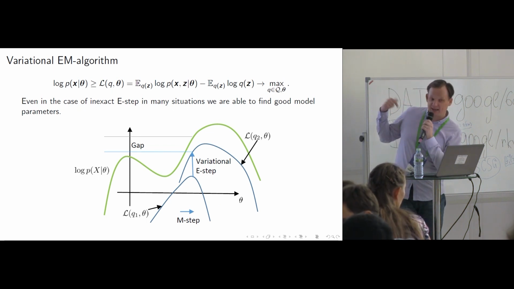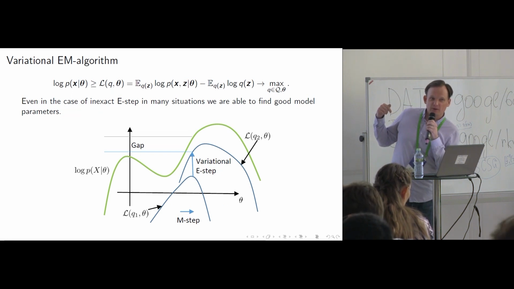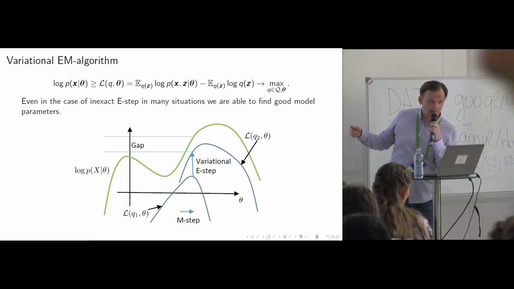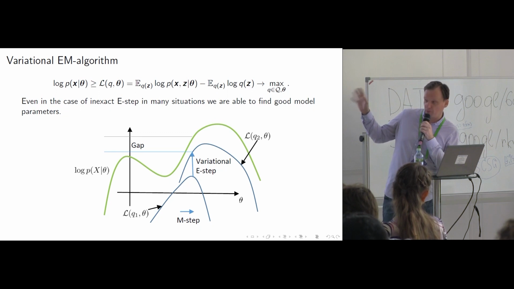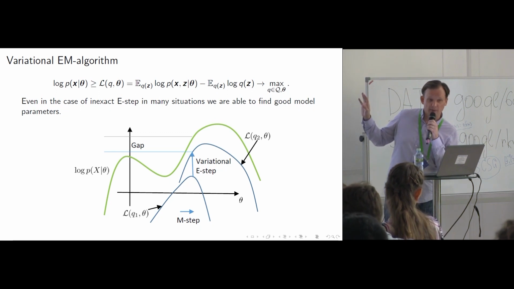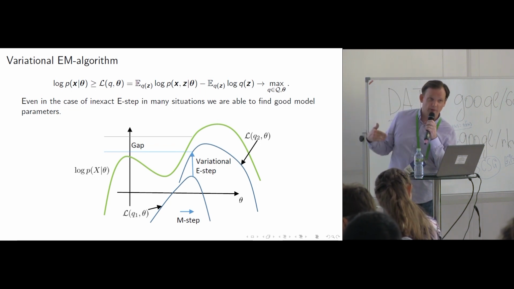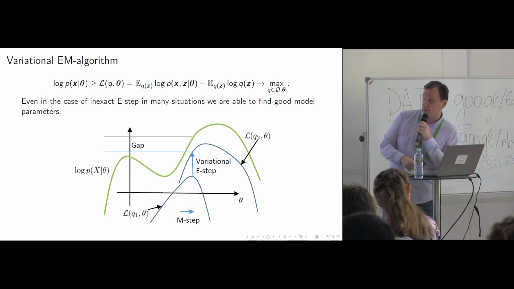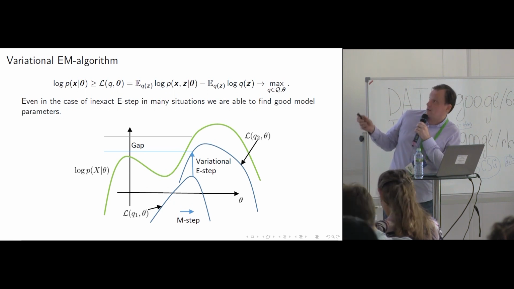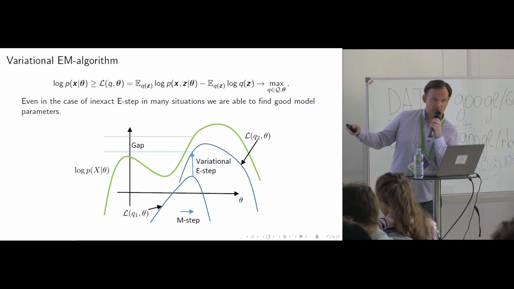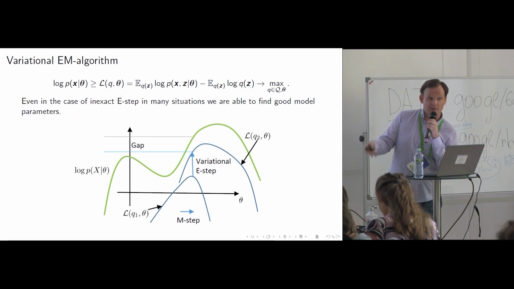I said that if we consider some sampling scheme for approximate Bayesian inference, this scheme usually takes much longer compared to variational inference, because in variational inference we're just solving an optimization problem, some gradient optimization, and we do not do sampling.